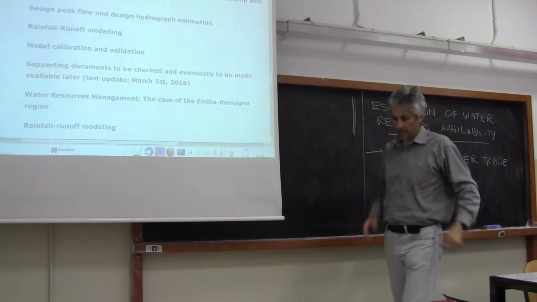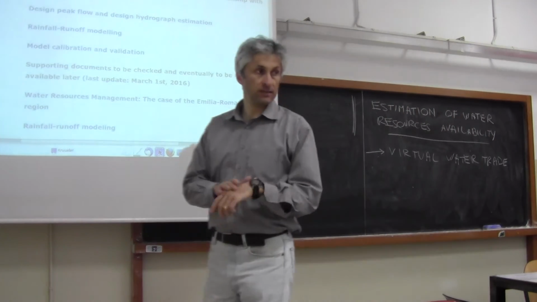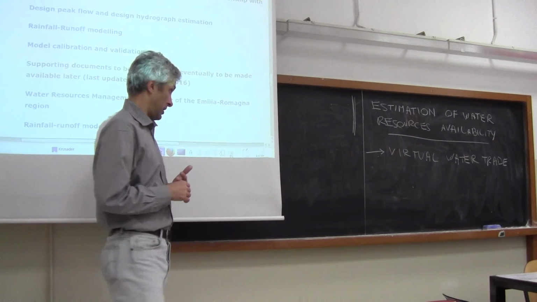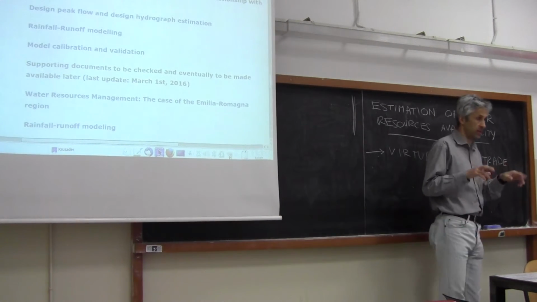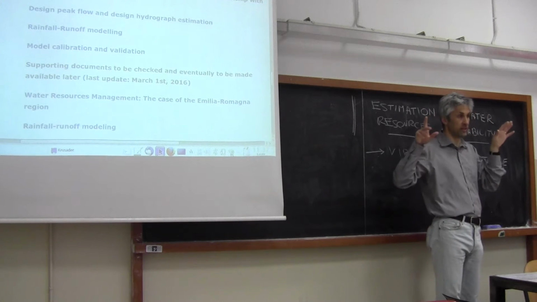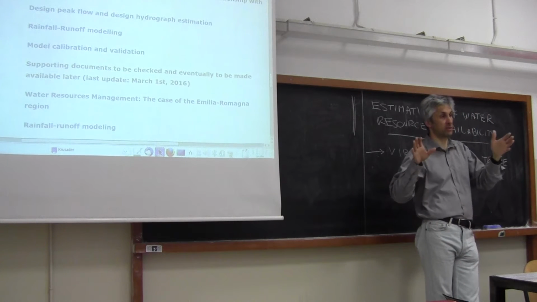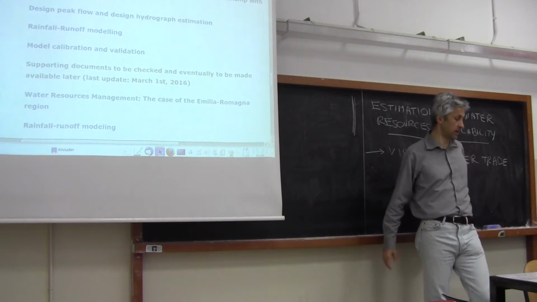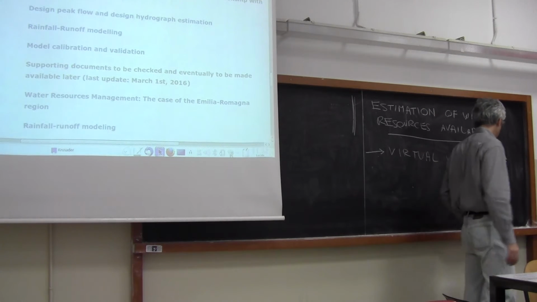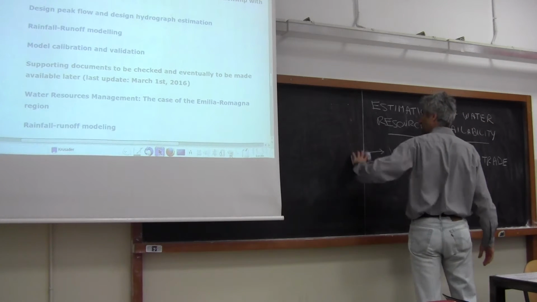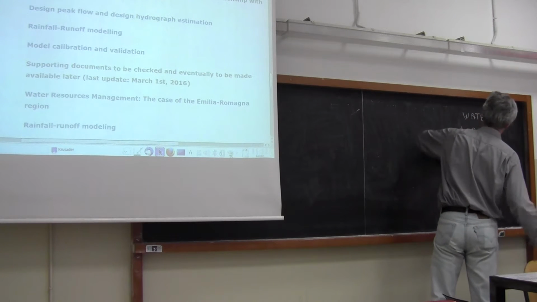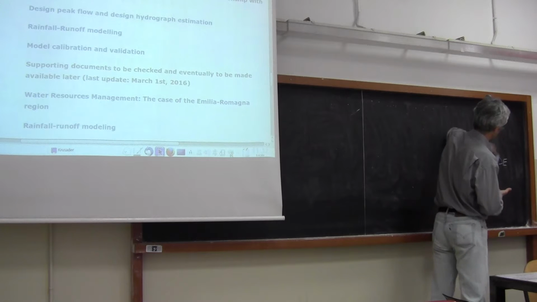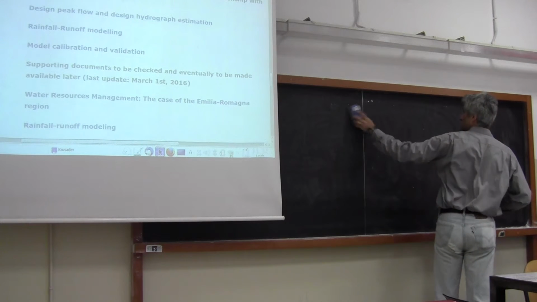So, I said that the question is very classical. And so let's see what is the classical tool in hydrology to estimate water resources availability by referring to a cross-river section. And this is the first part of my lectures on these issues.